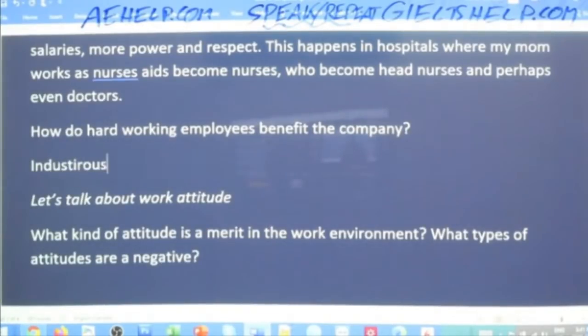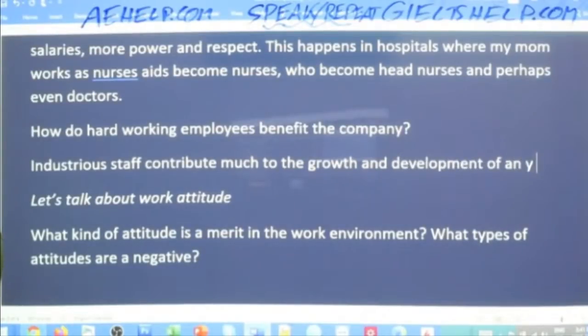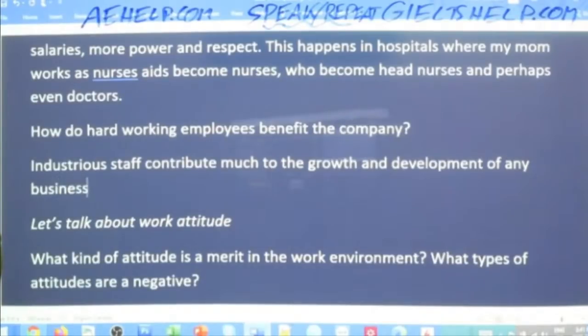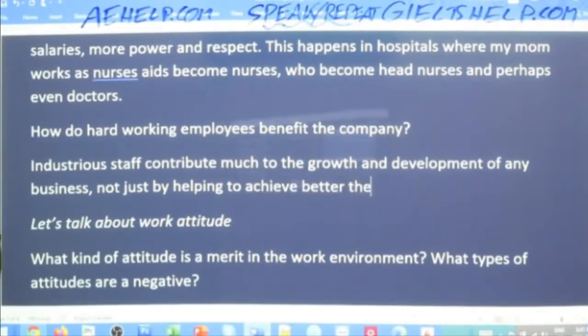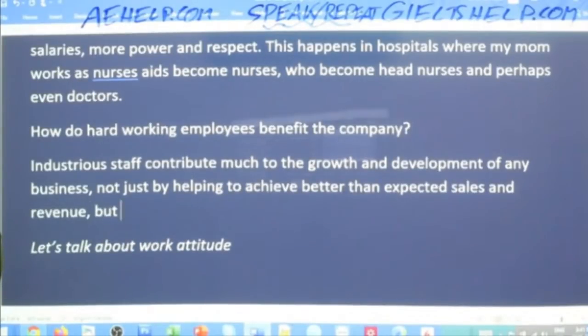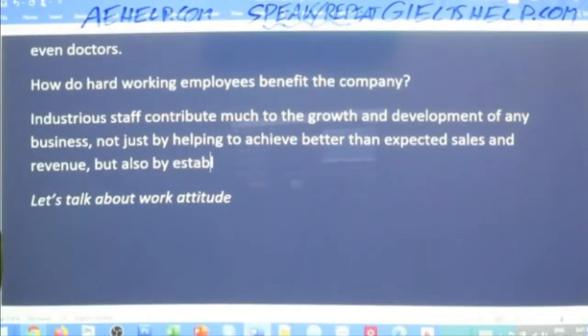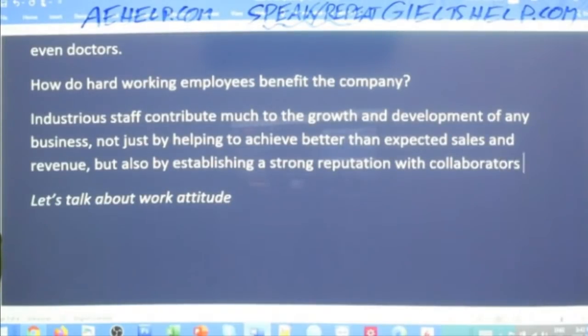So industrious staff contribute much to the growth and development of any business, not just by helping to achieve better than expected sales and revenue, but also by establishing a strong reputation with collaborators and clients.